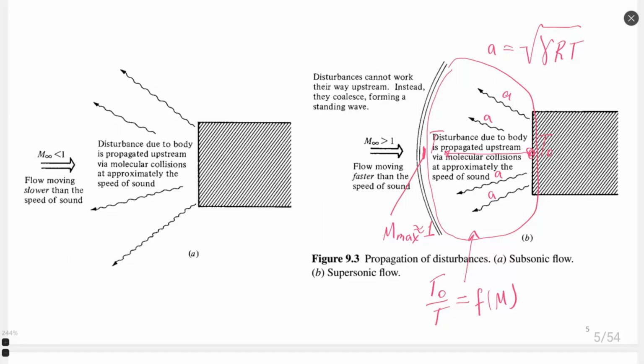And at the stagnation point, the Mach number is always 0. And if we open Appendix A and look for Mach 1, okay, just a moment. We'll try to copy this part of the table on the screen.